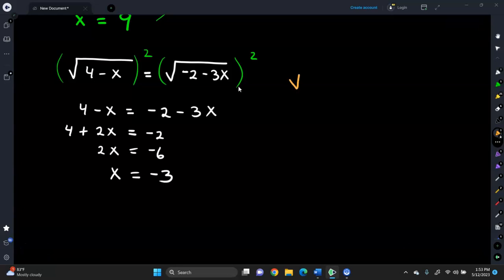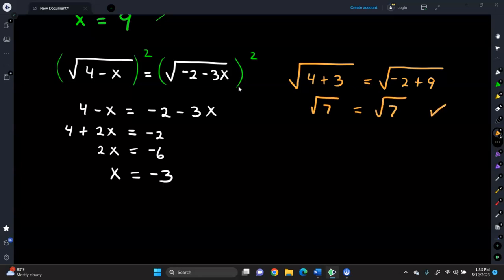So we're going to check it just by plugging it back in. So we're going to plug in negative 3. So I get 4 plus 3 equals square root of negative 2 plus 9. So we have the square root of 7 equals the square root of 7. And that's true. So there's my solution.